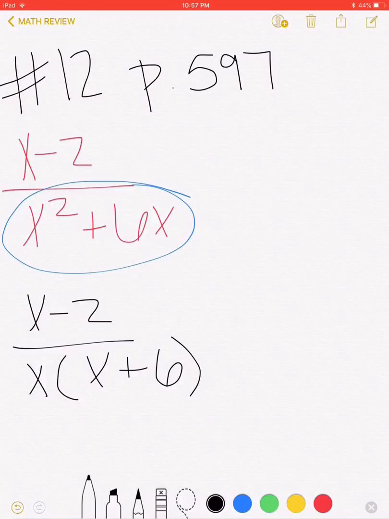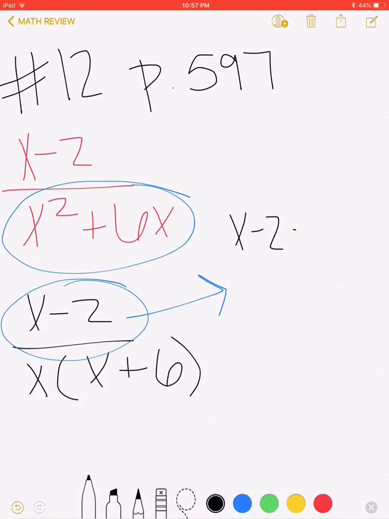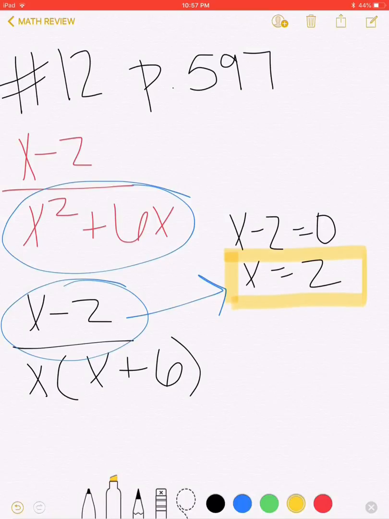And then the zero is going to equal 2 because the numerator is equal to 0 when x equals 2. To explain that, I'm going to do the same thing we did in our other problem. x minus 2 equals 0, x equals 2. So this is our zero of the function.